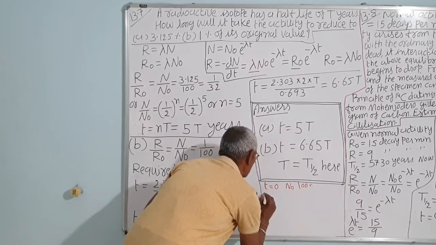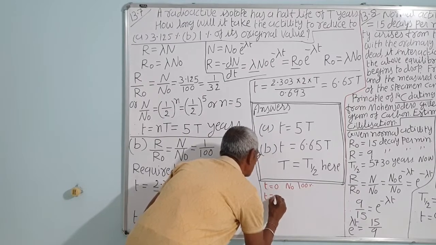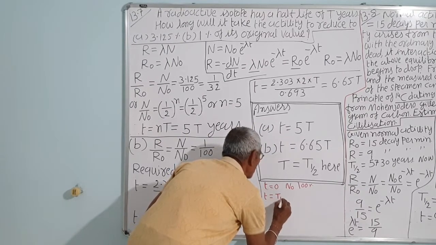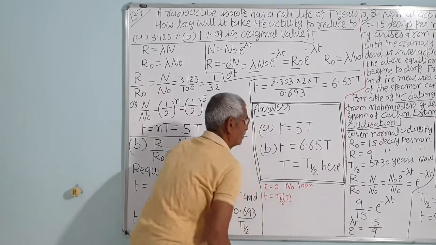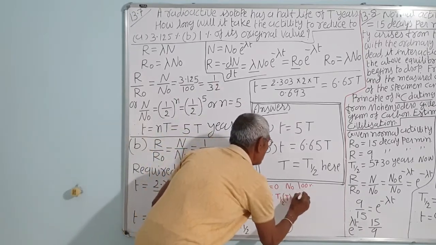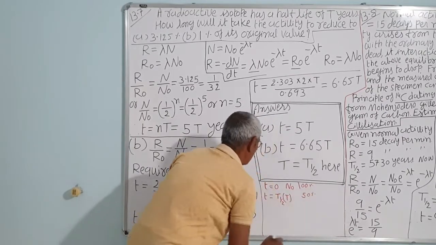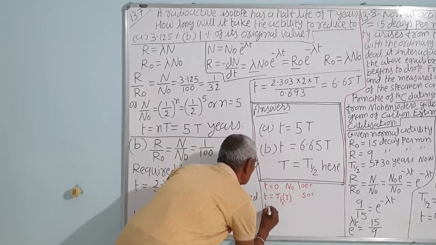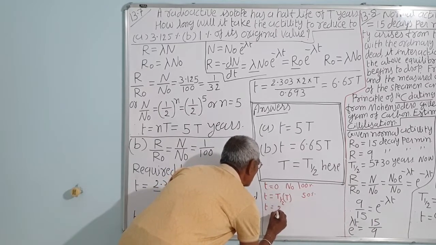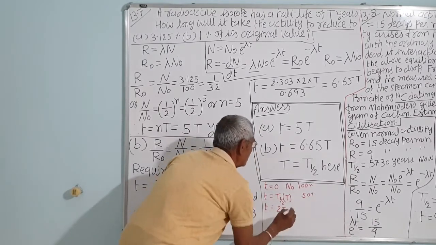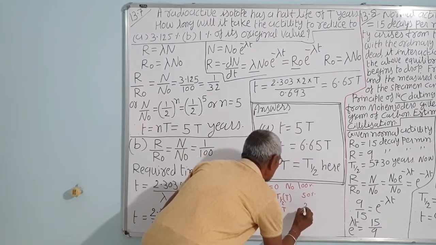Then at time t equal to T half, the atoms will be 50%. Then at double time, 2T, it is 25%.